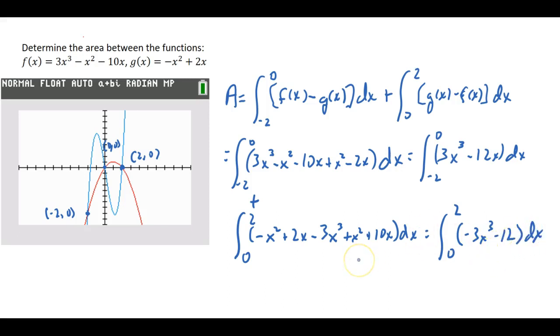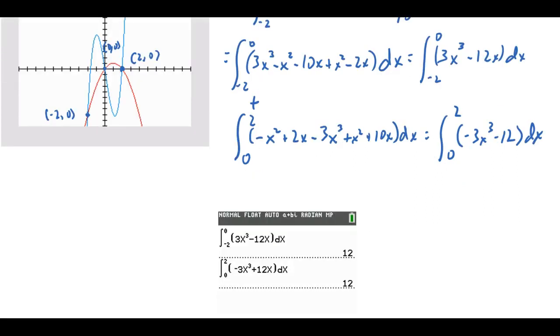I worked that out on my calculator. The first integral is 12, the second integral is also 12, so our total area is 12 plus 12, which is 24 square units.